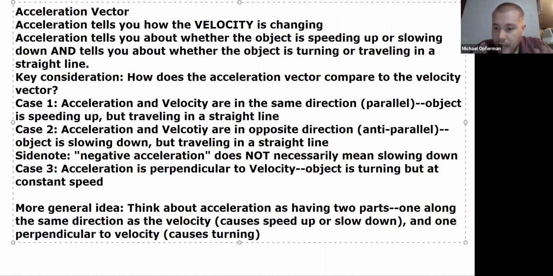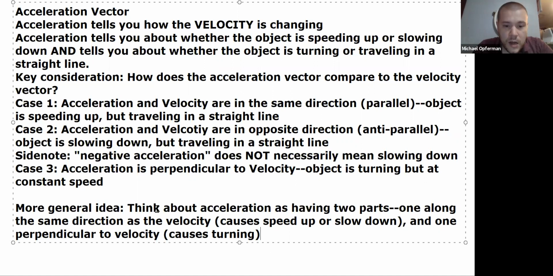Okay, so that's kind of the general case. You might have one or the other of those, or in more complicated cases, you might have both of those happening simultaneously, which we'll learn how to break down a little bit more carefully later on. But for now, I just want to give you kind of the overall conceptual idea.